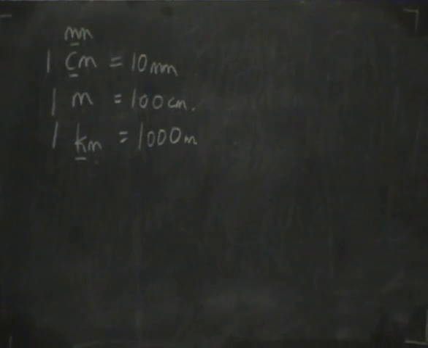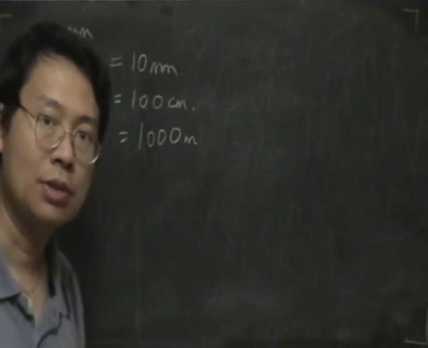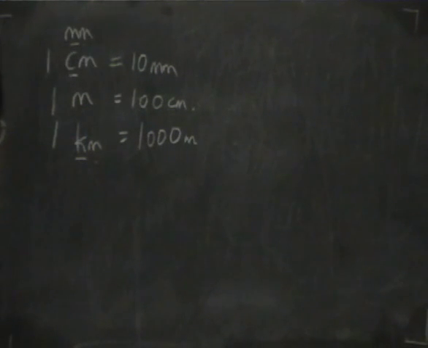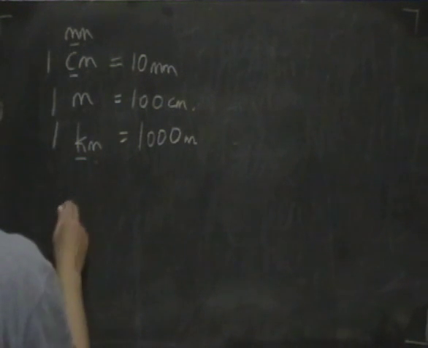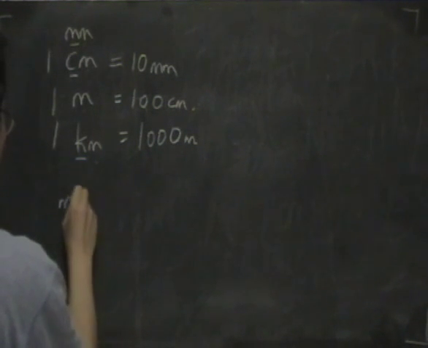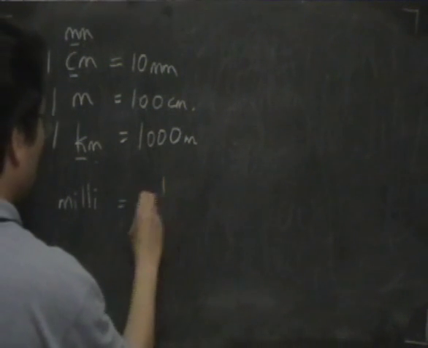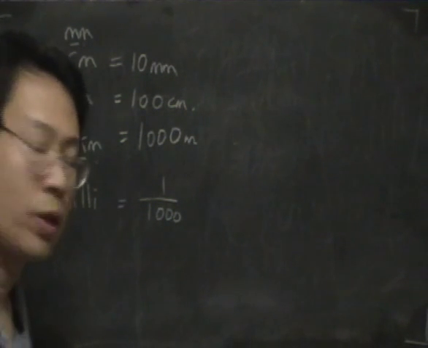So, for example, the M in the millimeter stands for a certain factor. So let me write this out. The M there stands for milli, and milli means 1 over 1000.